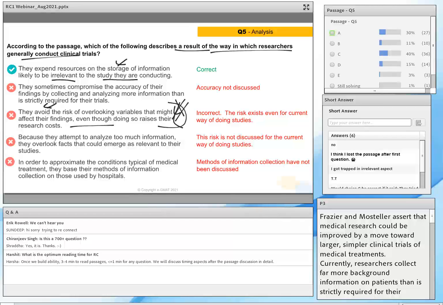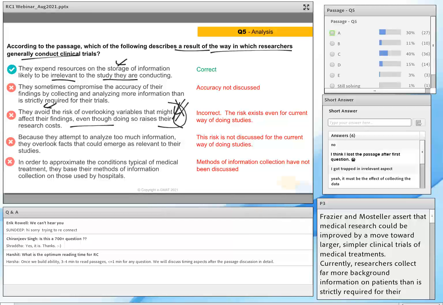We saw that. Yes, there is a connection between collecting so much data and trying not to overlook any of the data. But this connection has not been mentioned as cause and effect. The author is not saying that this is the effect of that.